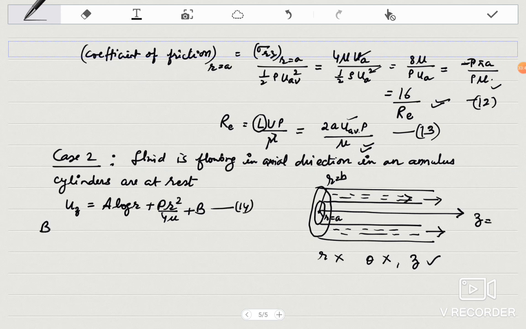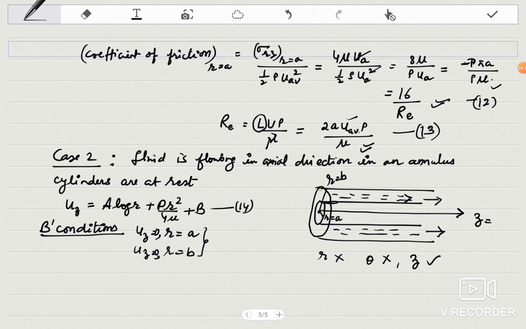Now what are our boundary conditions? Boundary conditions for this case are that your uz is 0 at r is equal to a. That simply means at the wall of the inner cylinder, the velocity is 0. At the wall of the outer cylinder, it's 0 at r is equal to b. Why does this happen? This happens because of the no slip condition.